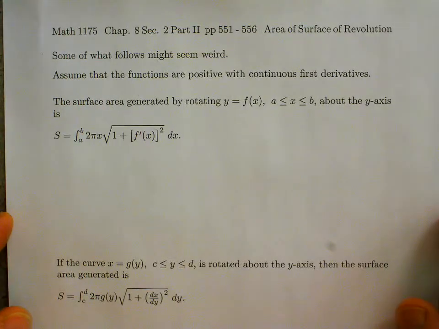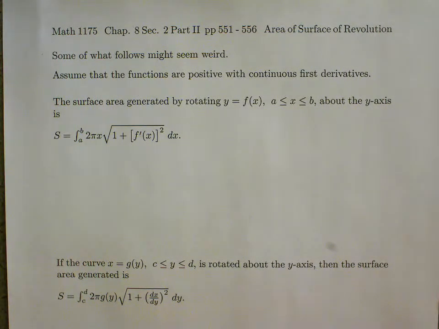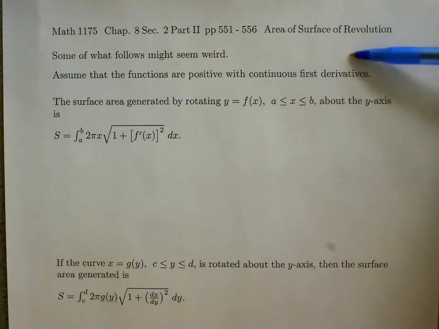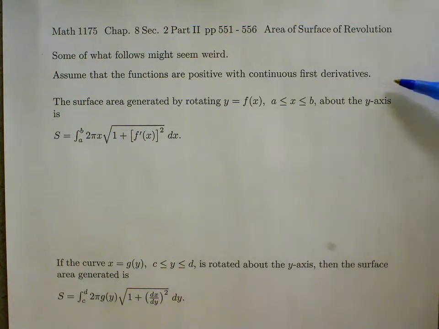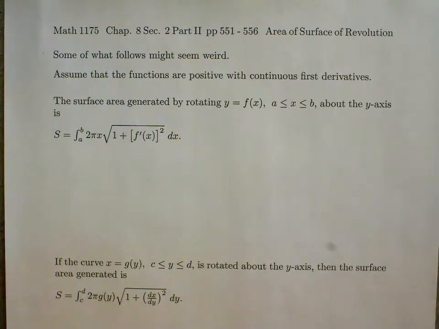Okay, some of what follows might seem weird, but we can make sense out of it if it is sort of counterintuitive. So we're going to assume that the functions are positive with continuous first derivatives. Smooth functions.